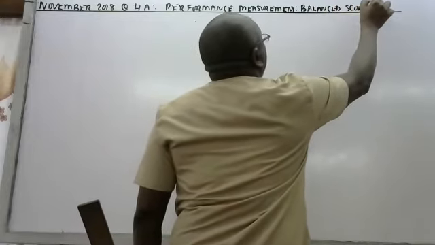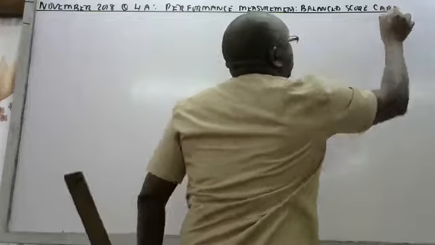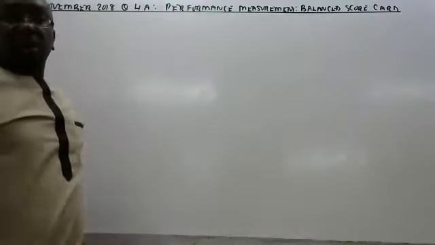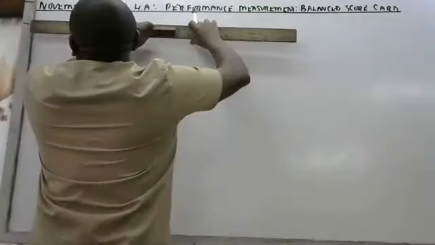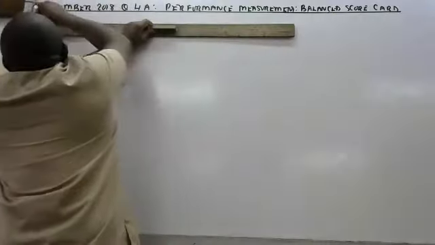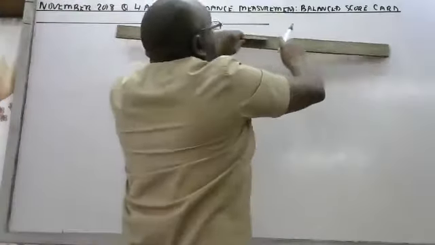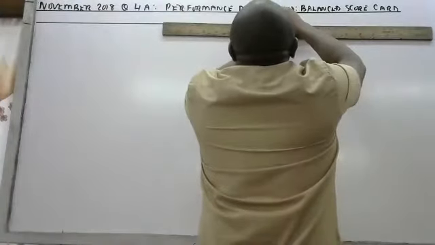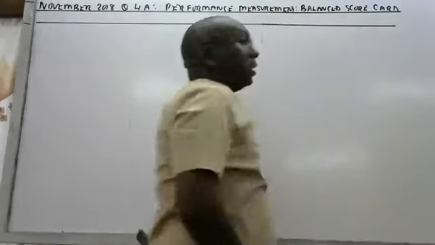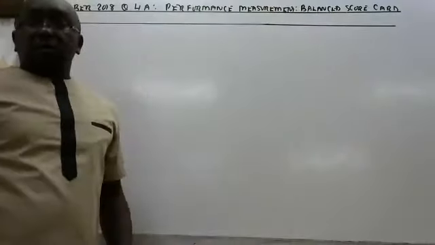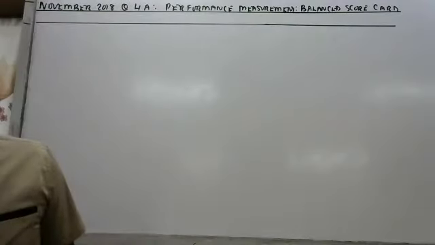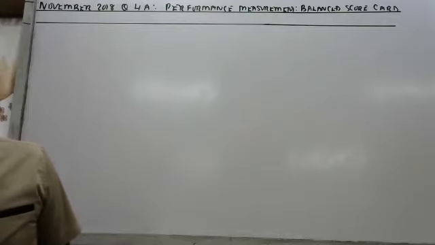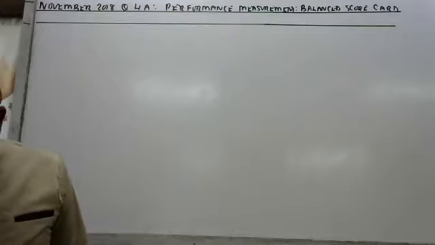In this one, we are going to divide it. The question says we compute the performance indicator for the 4 perspectives.